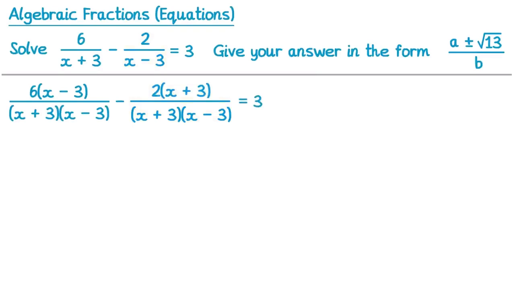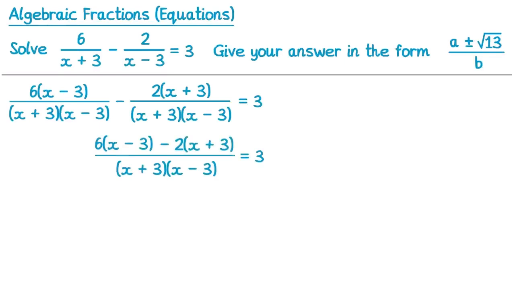Now we can combine them into one big fraction over that common denominator. We have 6 lots of x minus 3. In between the fractions is a subtraction sign, and then 2 lots of x plus 3. Now we can expand out those brackets, so on the top we've got 6 times x, that's 6x. 6 times -3, -18. -2 times x, -2x.